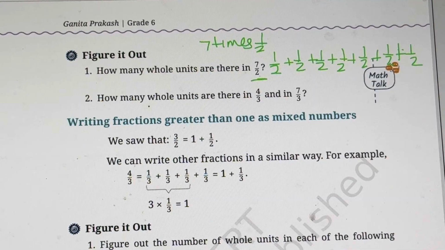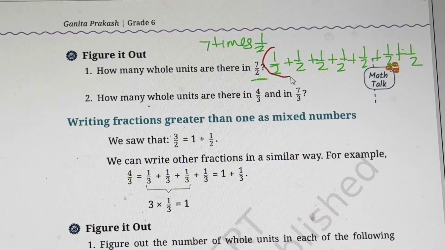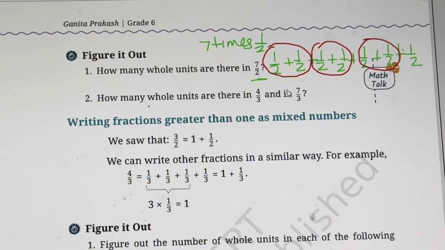So 7 times 1 upon 2. And now we know that 2 times 1 upon 2 make 1 whole. So how many wholes are there? Half plus half makes 1 whole. Half plus half makes 1 whole. So how many are there? 3 wholes. So you can write this as 3 plus half. So 3 plus half or 3 and half. So 7 upon 2 means 3 and half. Right?